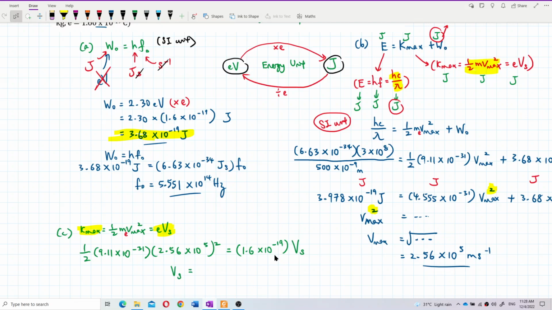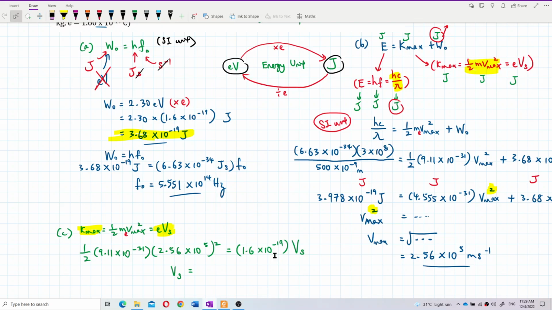So 9.11 exponent negative 31 multiplied by 2.56 exponent 5 square. Don't forget the square. And then divide by 2, and then divide by the electron charge again, 1.6 exponent negative 19.